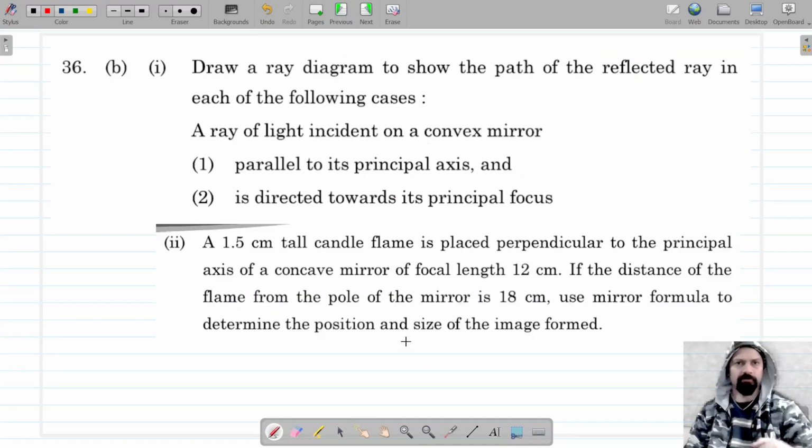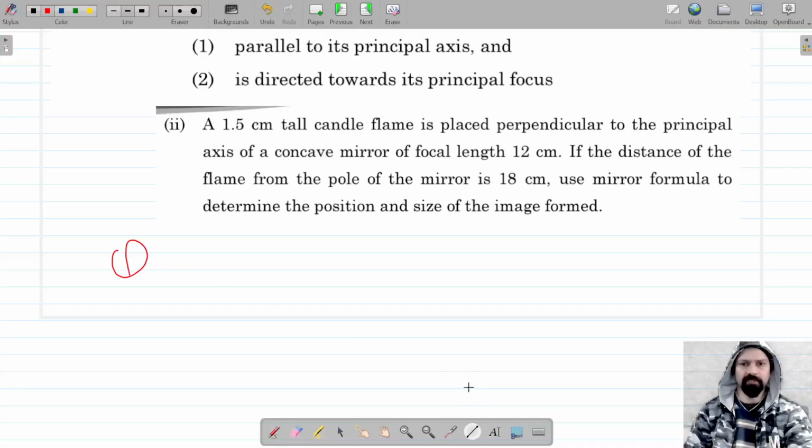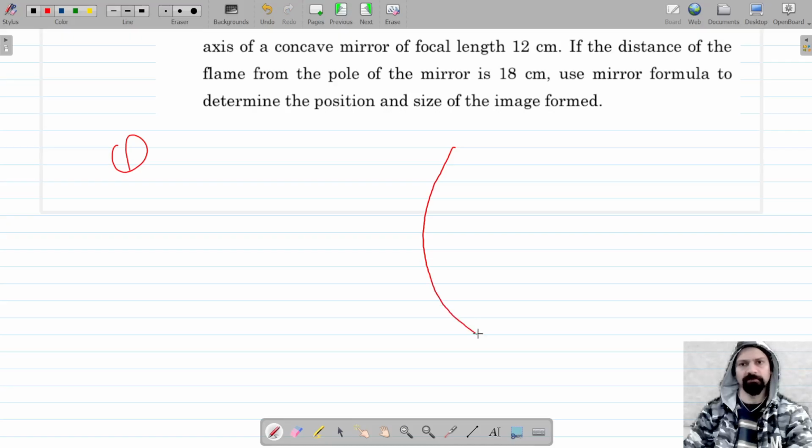Okay, for the next question, we have to draw a ray diagram to show the path of the reflected ray when a ray of light incident on a convex mirror is parallel to its principal axis. So let's draw a convex mirror, and the ray of light is coming parallel to the principal axis. Let this be the convex mirror.